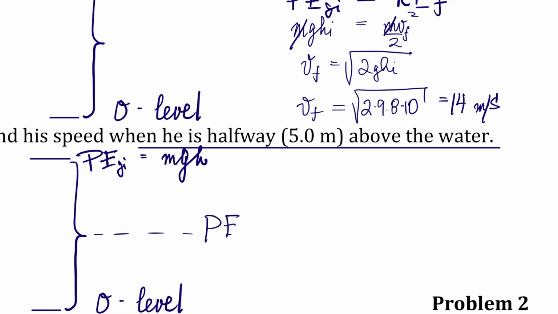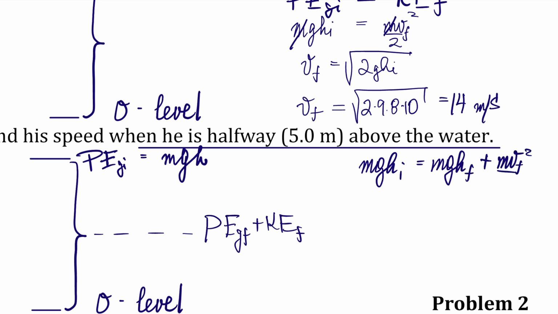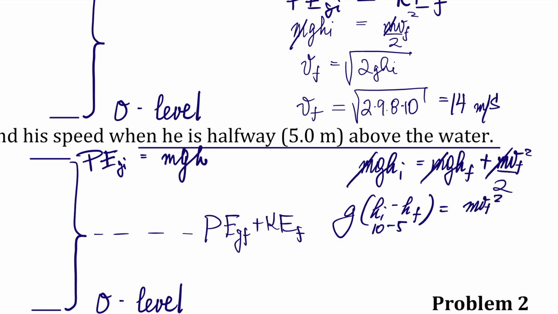So it has gravitational potential energy final plus kinetic energy final. I'm going to write this out as mgh initial equals mgh final plus mv final squared over 2. Mass cancels as before. Then I can do g times h initial minus h final. So that's going to be 10 minus 5. So it only falls 5 meters, equals v final squared over 2.